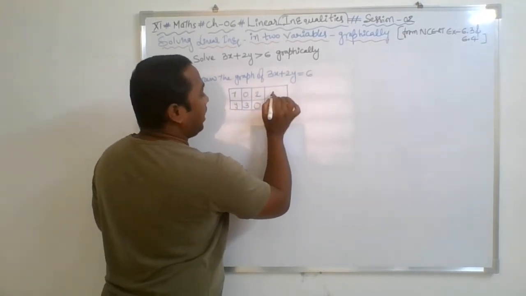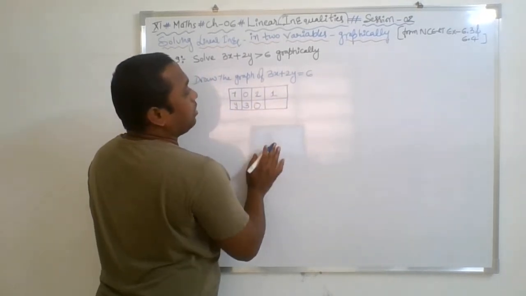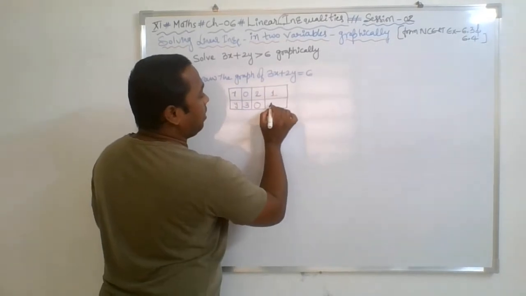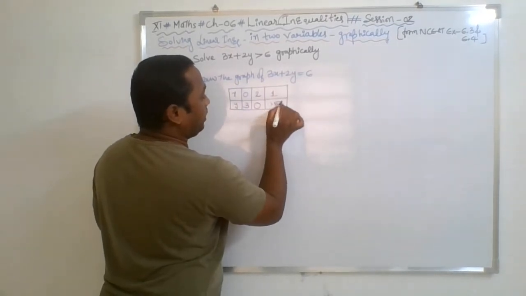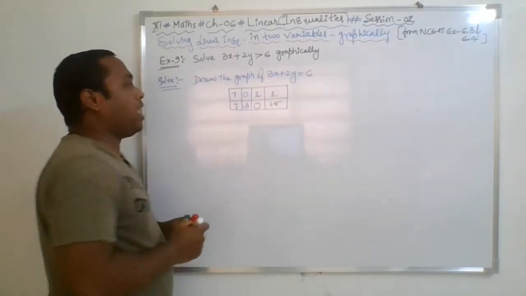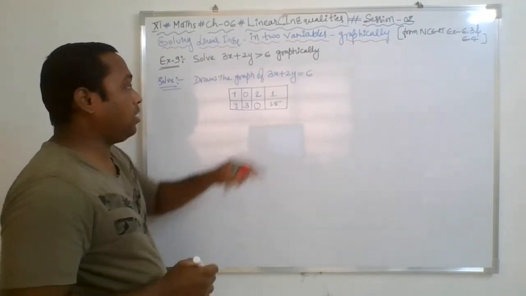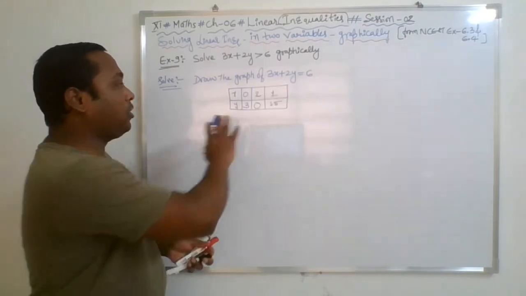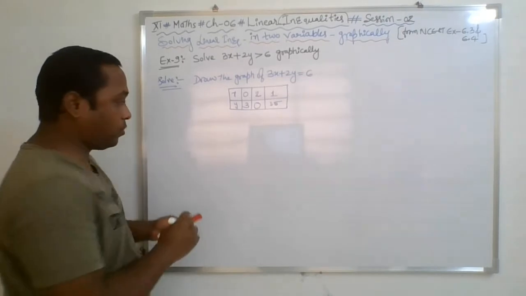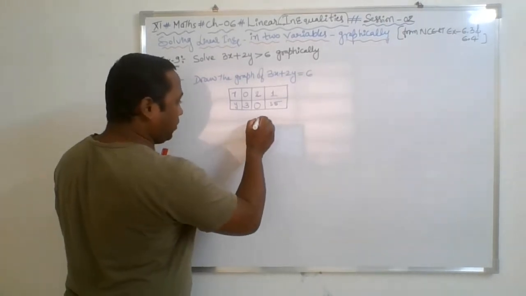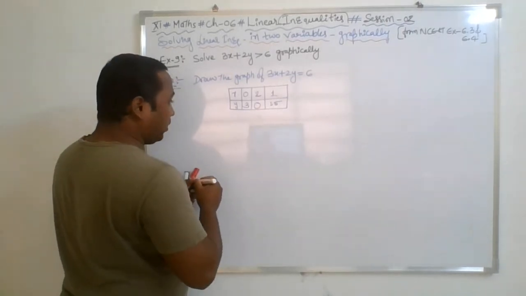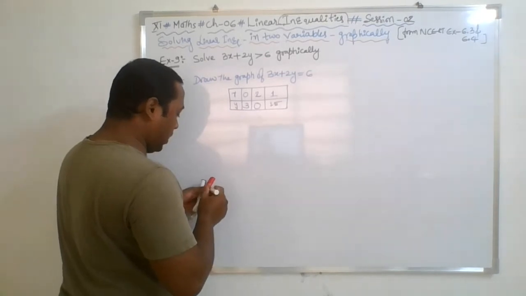If I take x as 1, then y will be 1.5. So I got the 3 points related to this graph. Then I need to just plot it on the graph. So I am plotting on the graph first.